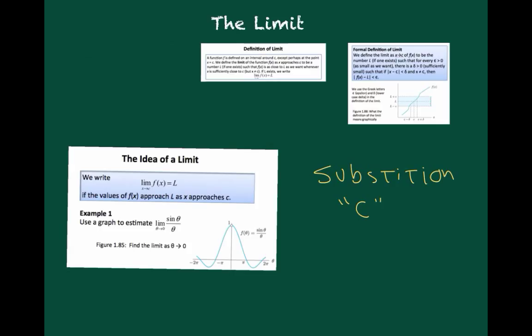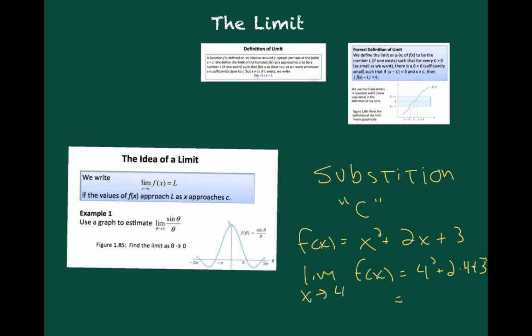So for instance, let's say that I had f of x equals x squared plus 2x plus 3. If you wanted the limit as x approached, say, 4 of this function, all you would have to do is plug in 4 for x. And then you would simply evaluate the function.